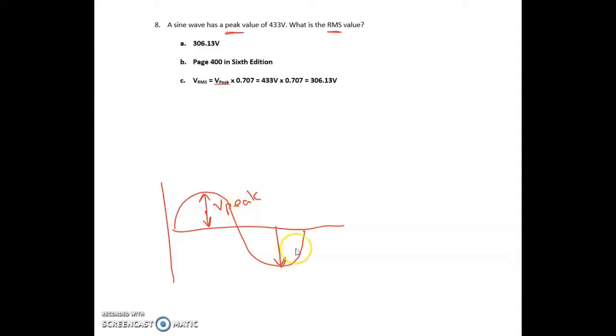This is also V peak. It happens to be negative down here, positive up here, and negative down here. In the 6th edition on page 400, we get this formula: RMS value equals peak value multiplied by 0.707, and that yields an answer of 306 volts.